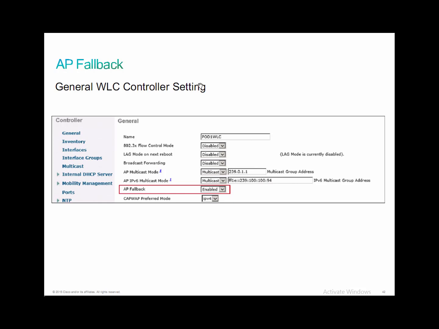If for some reason connectivity to the primary controller is unstable, you might even see a situation where I join that controller, then I fail over, then I fall back, fail over, fall back. So that would be one of the other reasons that you may choose to disable this particular feature. Okay.